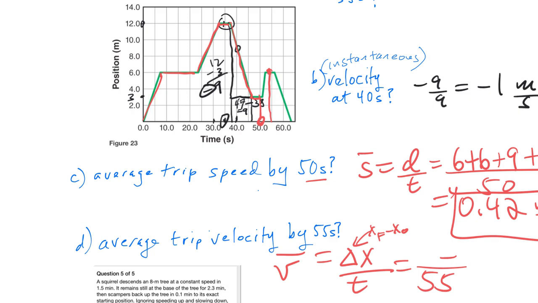The original position is 0, and the final position is 6. So my average velocity for the 55-second trip, 6 divided by 55, which is 0.11 meters per second.